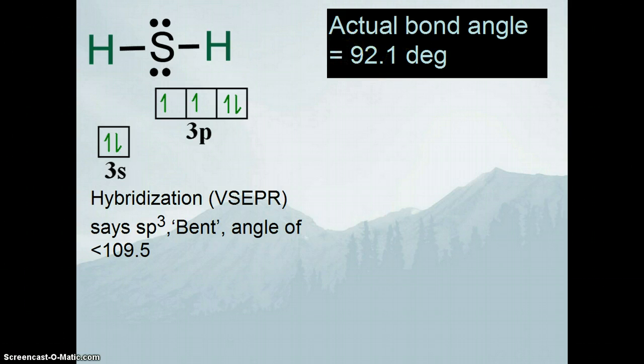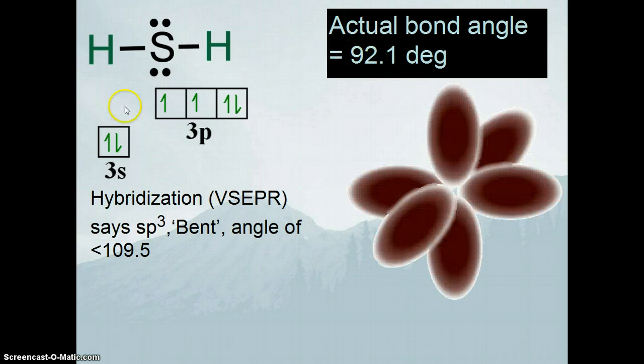So if we think about these 3p orbitals, this is their general shape. Here's a set of 3p orbitals: one orbital there, one orbital there, one orbital there. And here I have 2 unhybridized atomic orbitals, each one half filled.